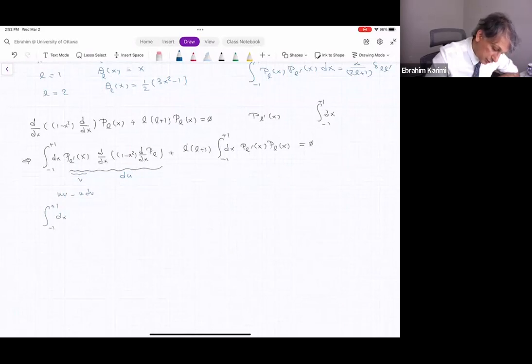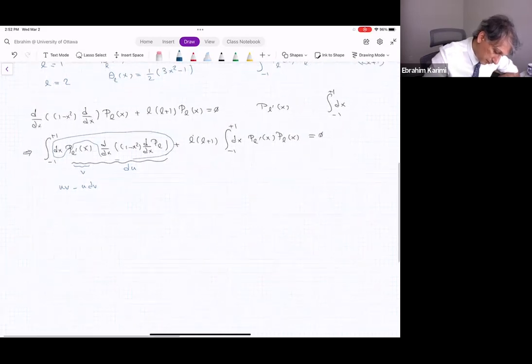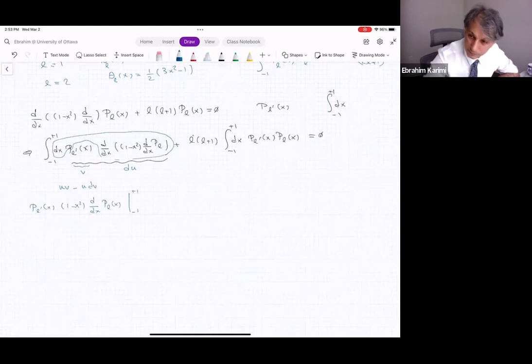When I say it is dv, I mean the entire expression is dv. So that will be P_L'(x) times (1 minus x squared) dP_L/dx, evaluated over the interval of -1 to +1.